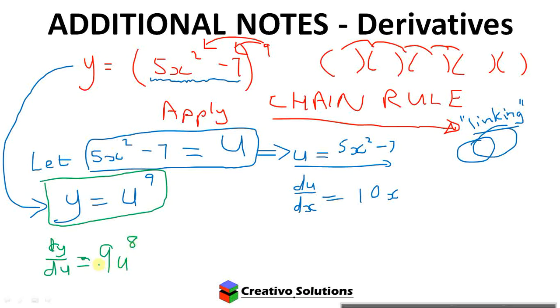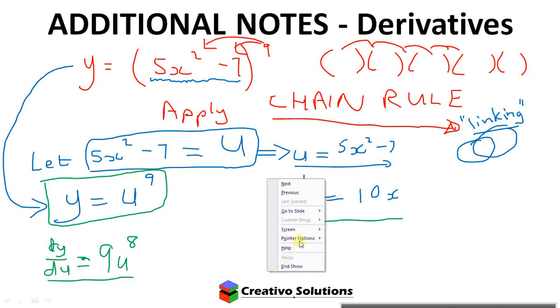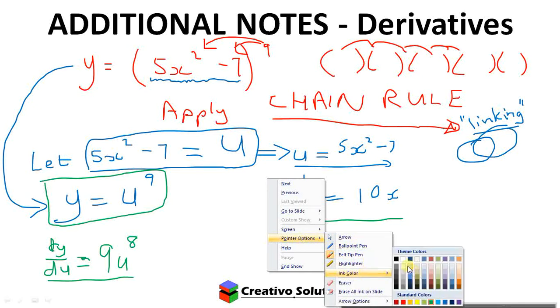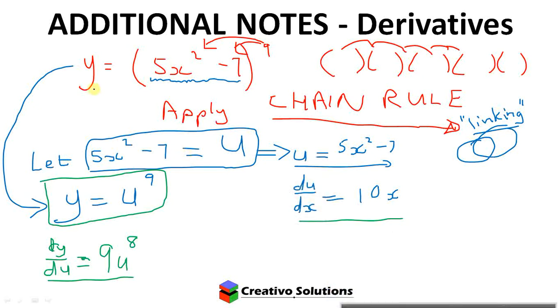Right, so now you've got two derivatives. I've got this derivative and I've got that derivative. What was the original function asking you to find? A derivative. What would the derivative for the original function be?